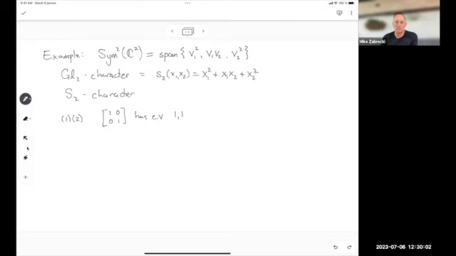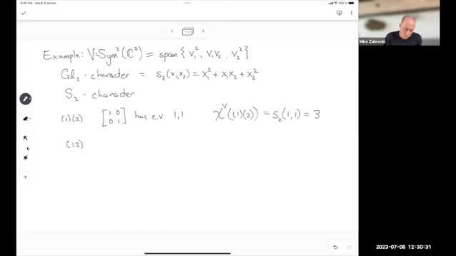So the character chi V of 1, 2 is equal to S2 of 1 and 1. And so if I plug in 1 and 1 for X1 and X2, I get 3.